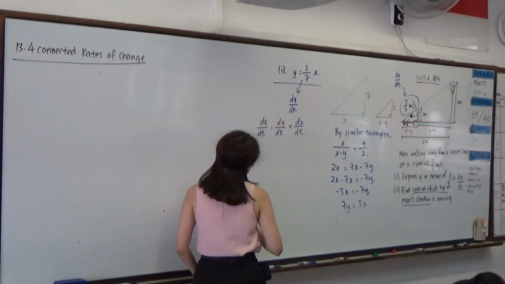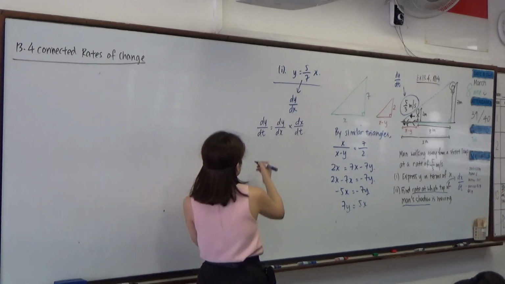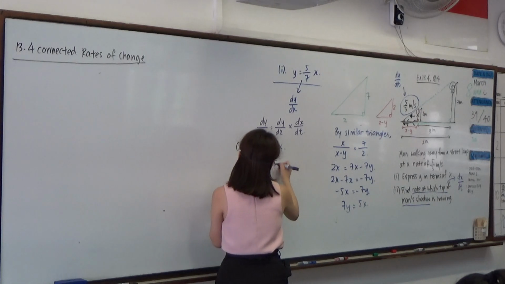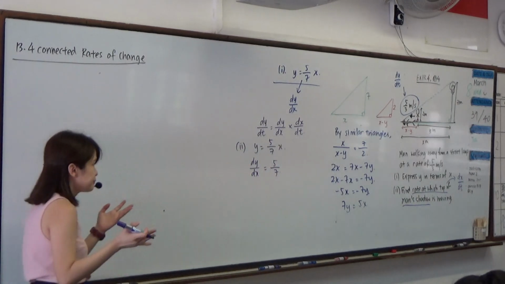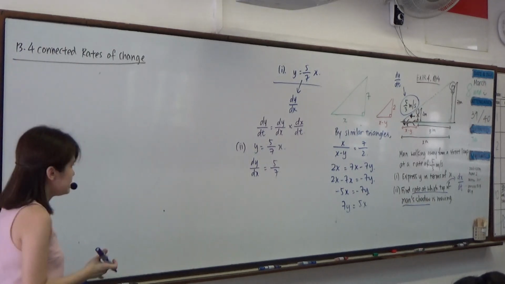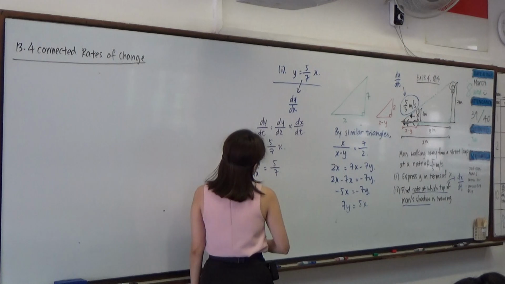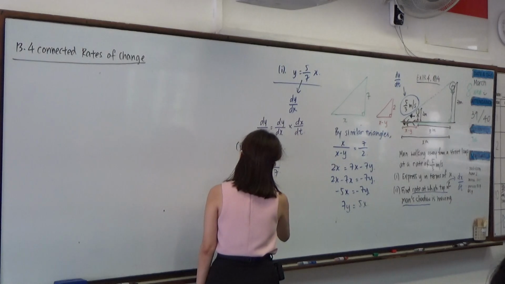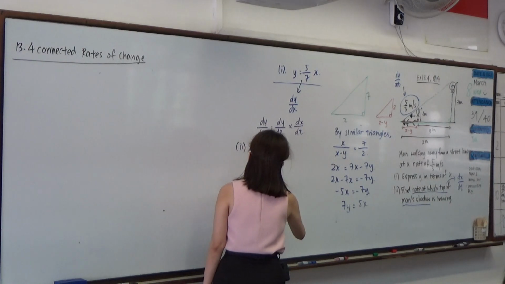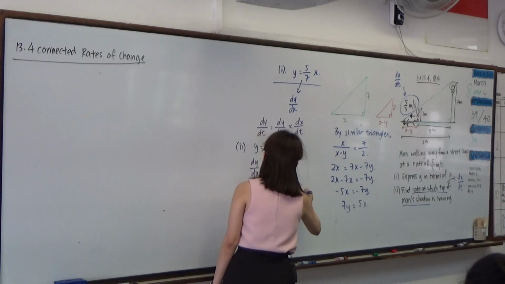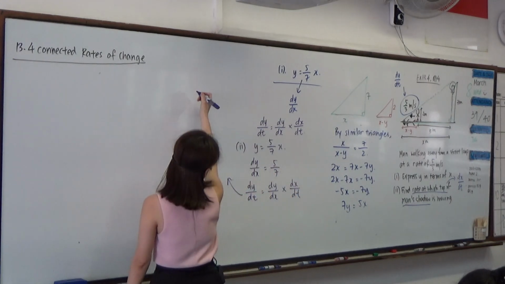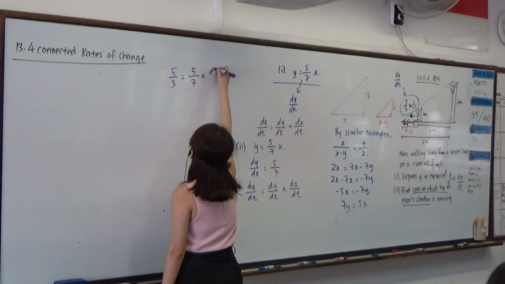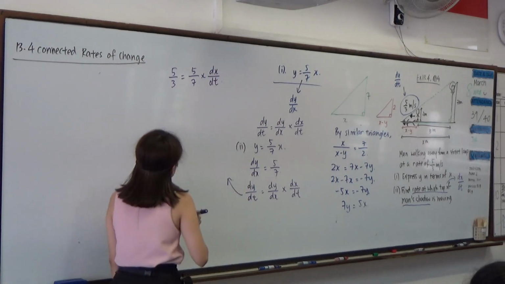Proceeding to solve, we first find out what our dy/dx is. We only get 5/7, so our x is entirely missing already. Then we find dx/dt. 5/3 equals 5/7 times dx/dt.